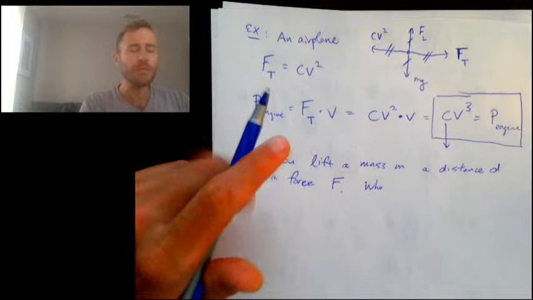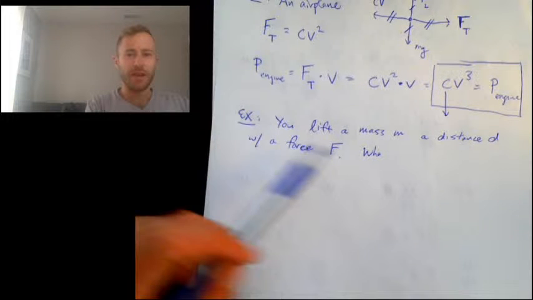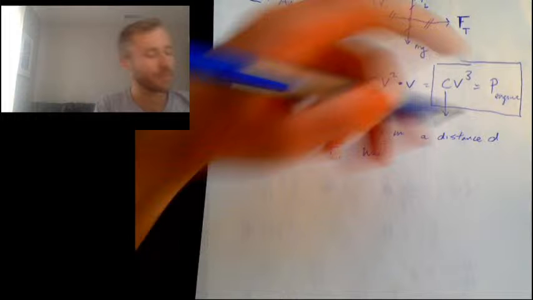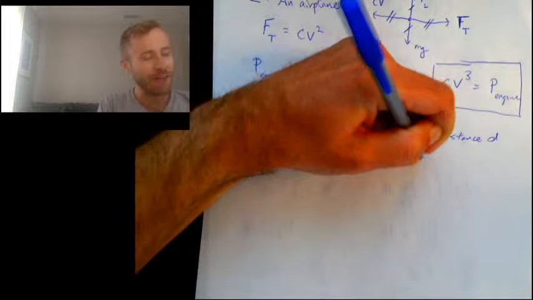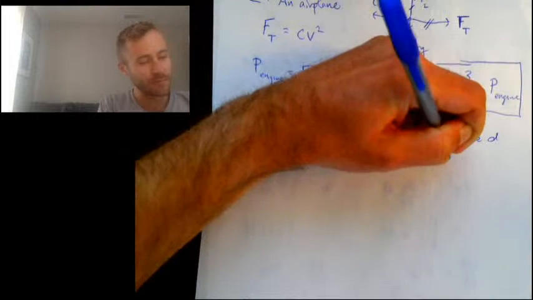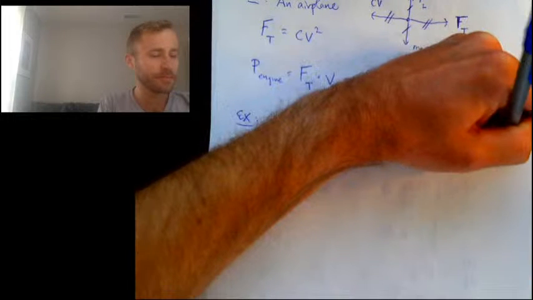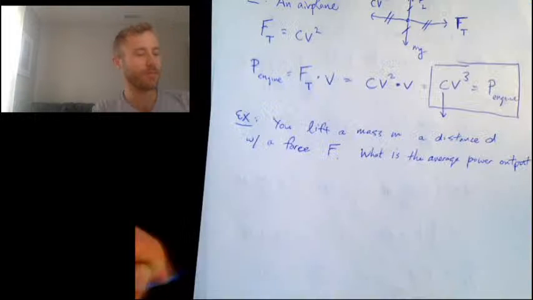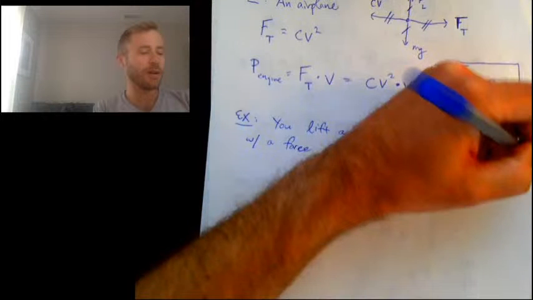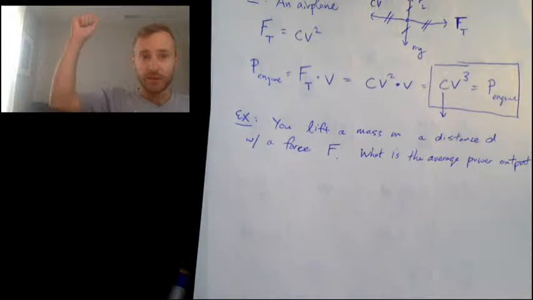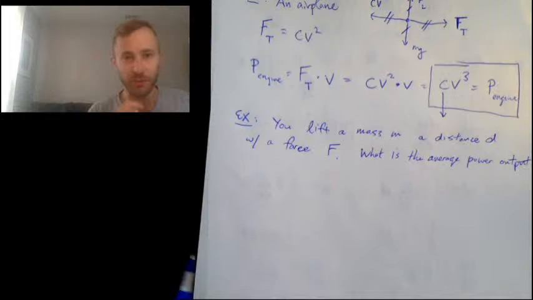Okay, so we lift a mass, m, a distance d, with a force F. What is the average power output? Now, why do I say average power output? Because if you're lifting it with a force F, it's going to accelerate upward. So its velocity is not going to be constant.